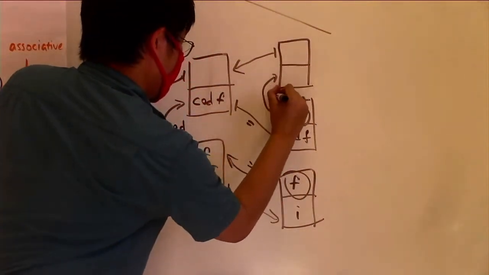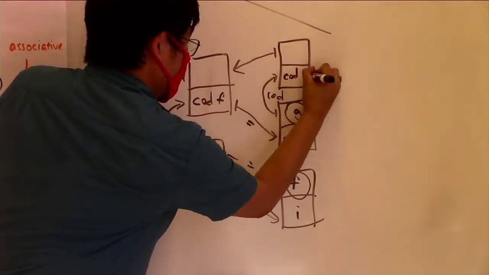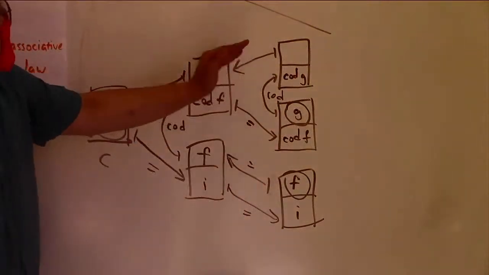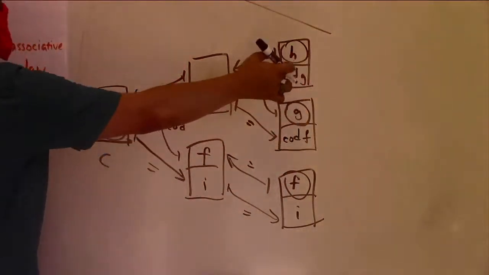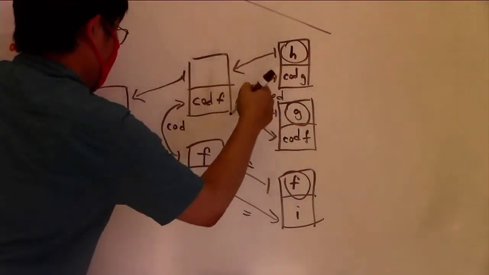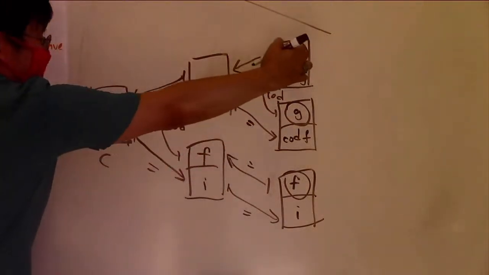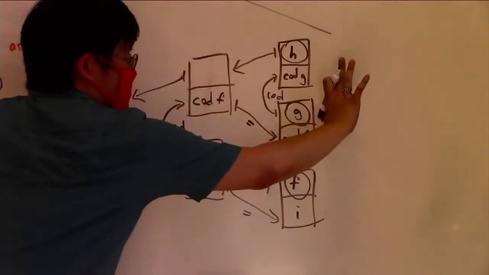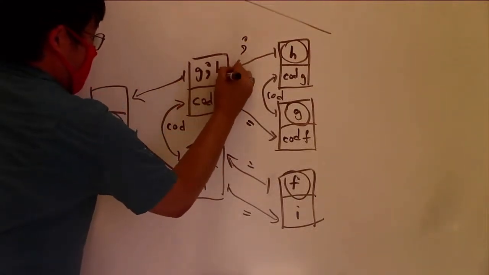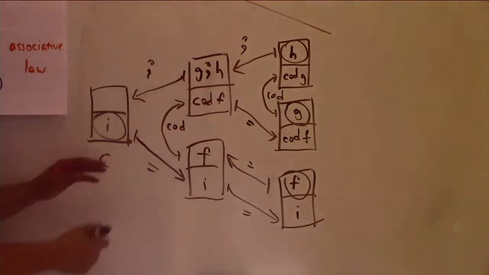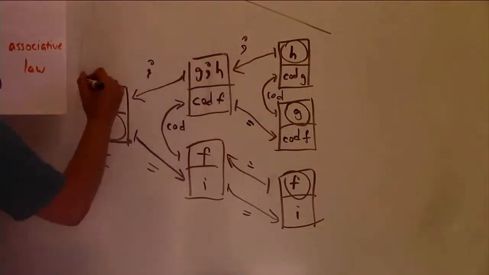This is the codomain map. It's going to send G to the codomain of G. We pick another morphism coming out of it. We're going to call H, just like up there. And that's going to be sent over here to G composed with H. And finally, this composition map is going to compose F with G composed H.